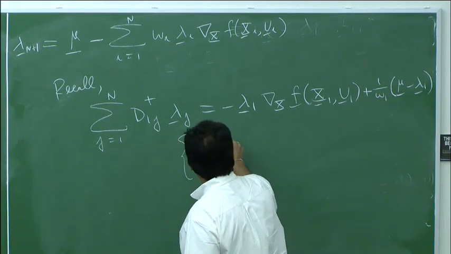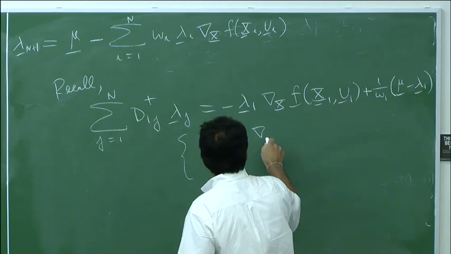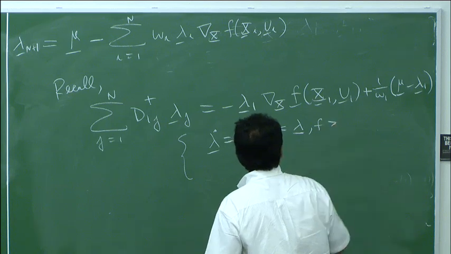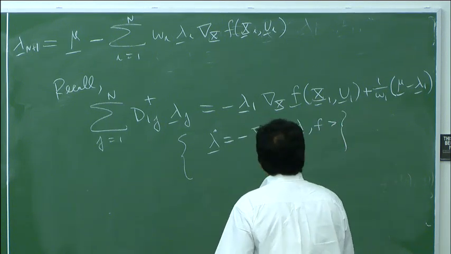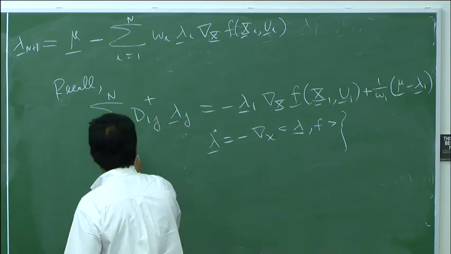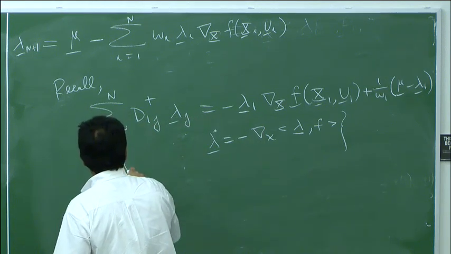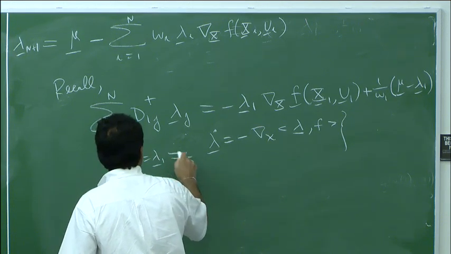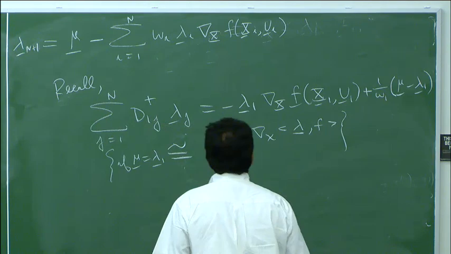It would look like lambda dot equals minus the gradient with respect to x of the inner product of lambda with f, right? If this were 0. So I could write it this way: if mu were equal to lambda_1, then we would get something that looks approximately like that, right?